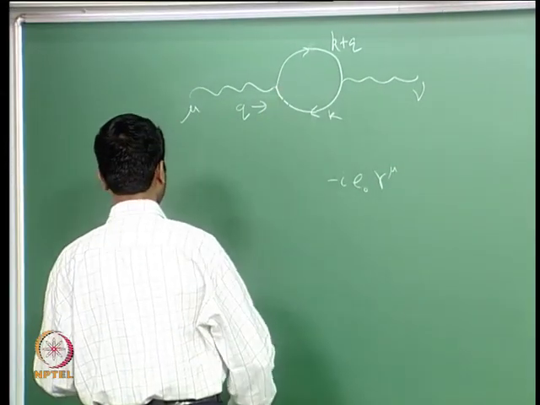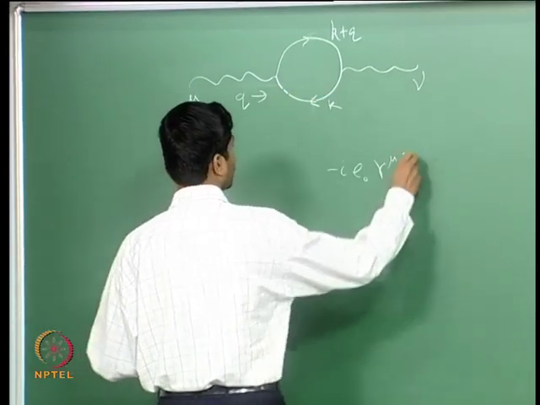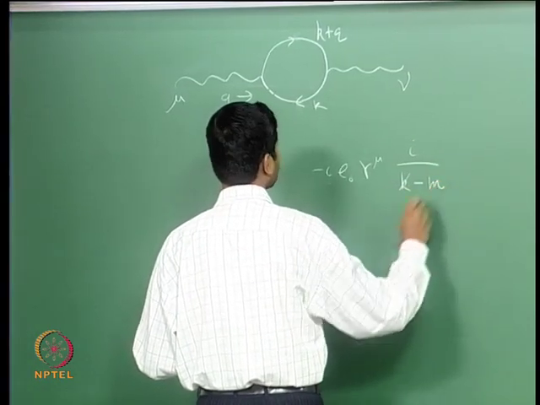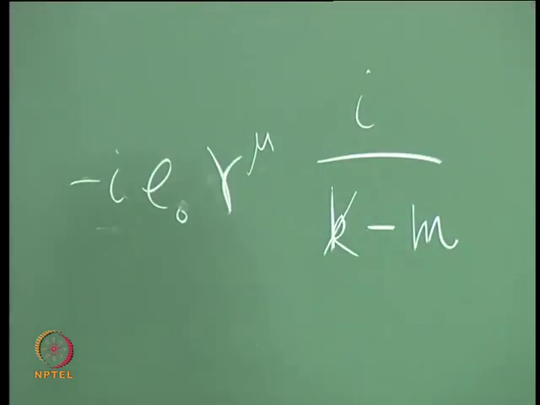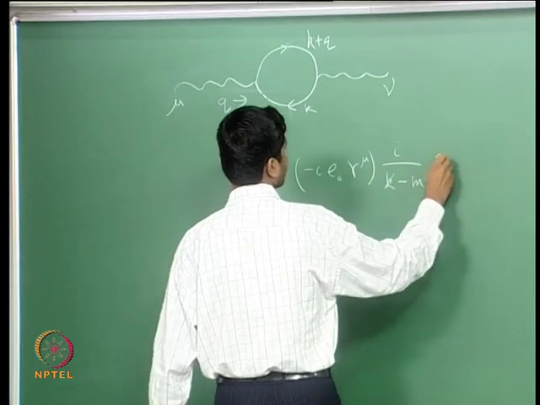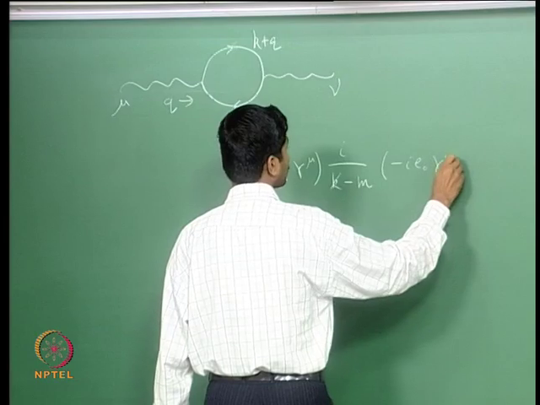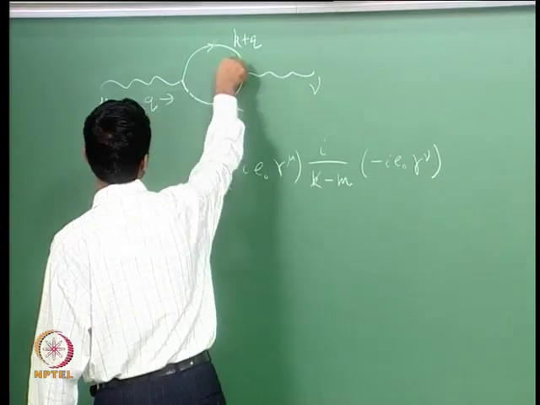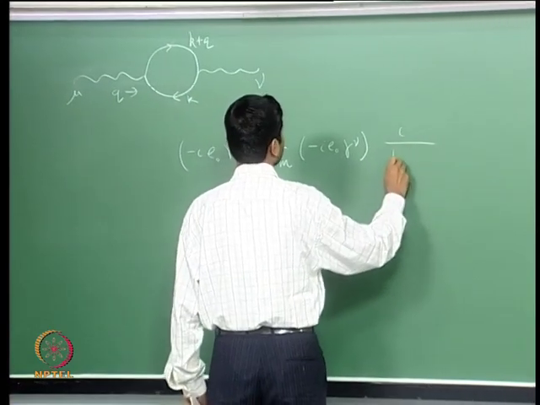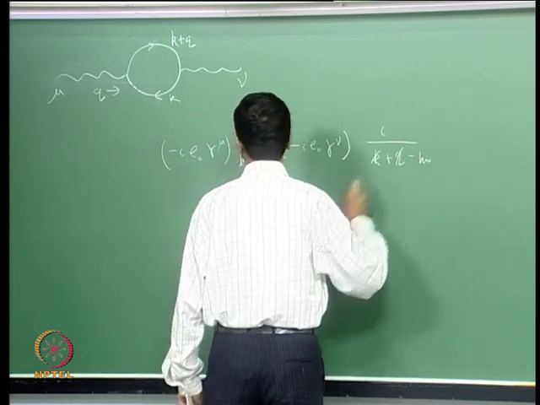Then you have a fermion propagator which goes like i divided by k slash minus m, and for this vertex again you have a factor of minus i e_0 gamma nu, and for this fermion propagator it is i divided by k slash plus q slash minus m.